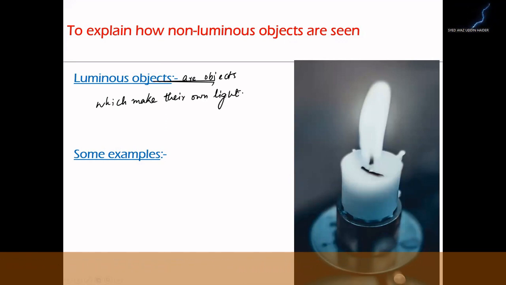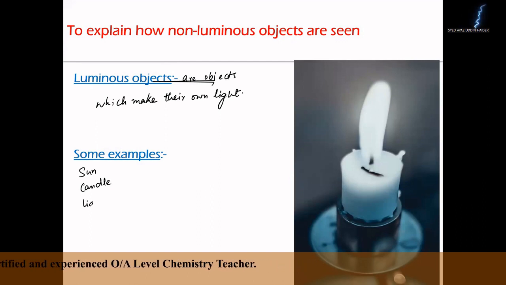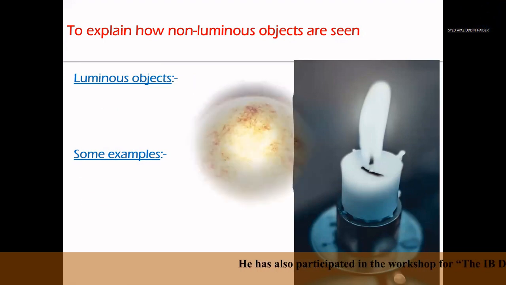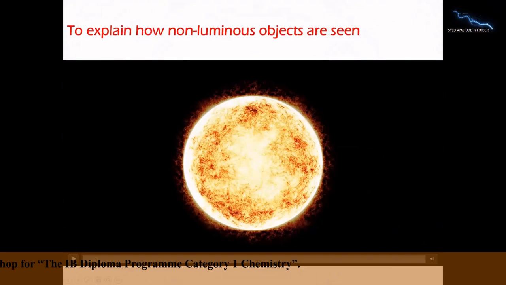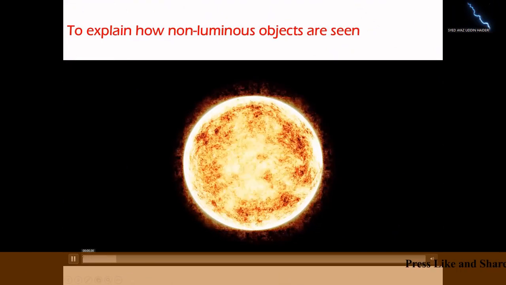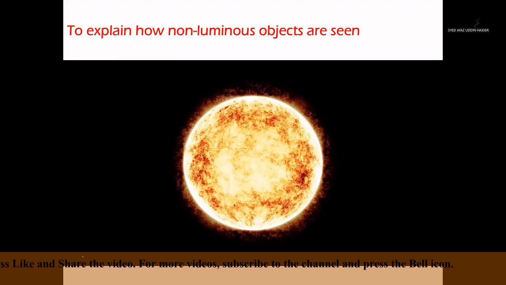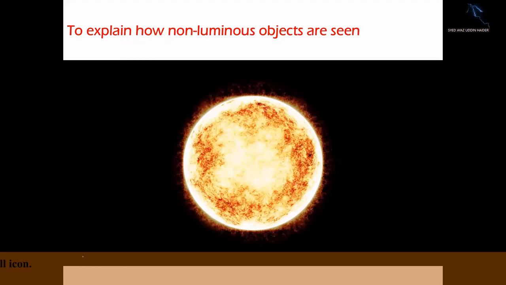Some examples are sun, candle, light bulb, etc. This is the image of sun. You see here that it is a luminous object because it is making light of its own. In fact, it is erupting in flares.